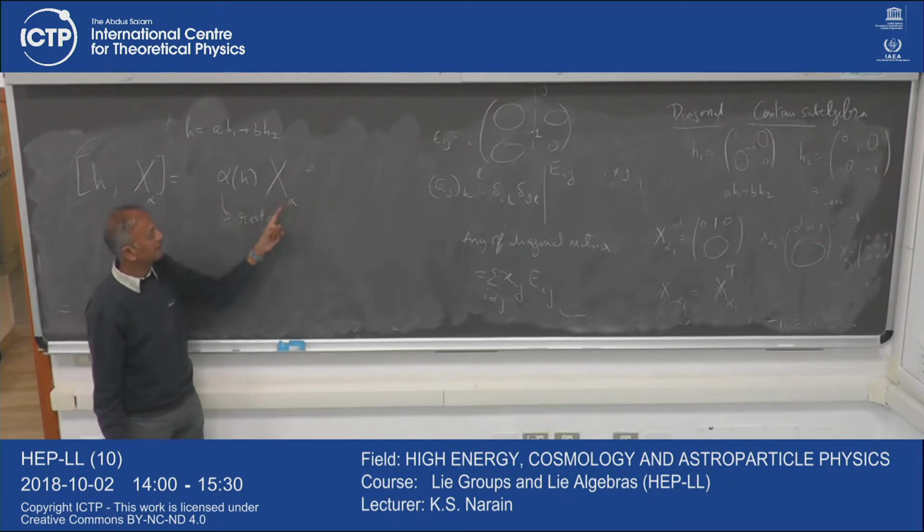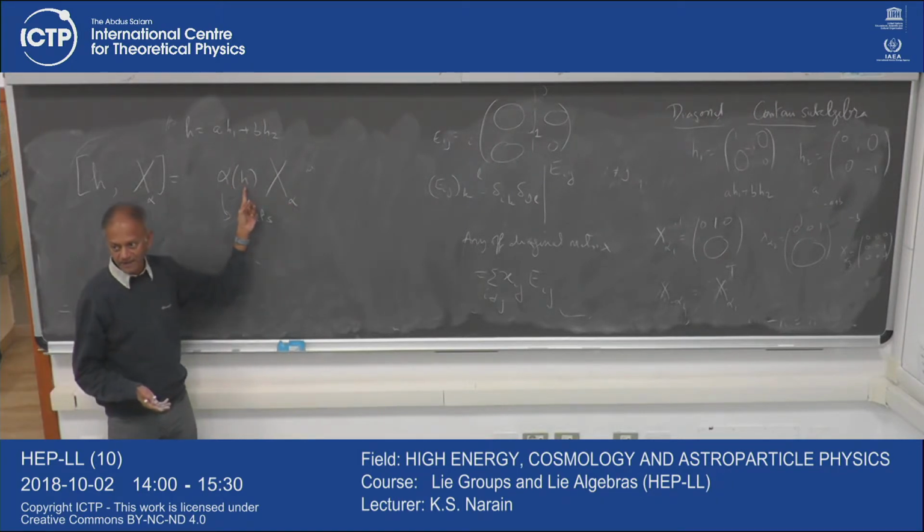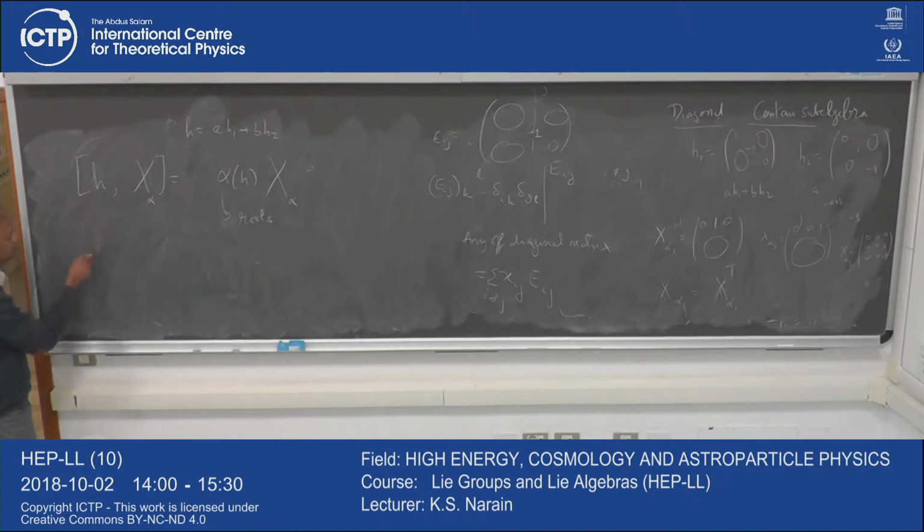So I have some eigenstate which I label as X alpha. It will have some eigenvalues. Those eigenvalues I'm writing as alpha(H). So what is alpha(H)? H itself is in 2 dimensions, right? H is an element of the Cartan subalgebra.